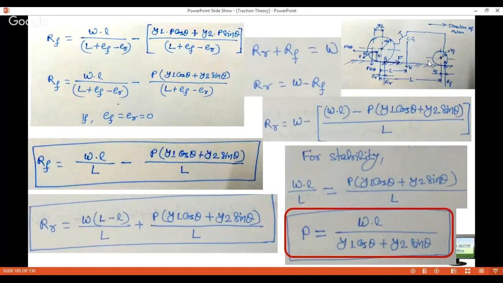Sometimes it will lift, sometimes it will be on the ground, so the operation will not be very stable. So you see, this knowledge is required to avoid both extreme positions. To optimally utilize the tractor and to get better fuel efficiency as well as better tractor efficiency, knowledge of tractor dynamics is required.